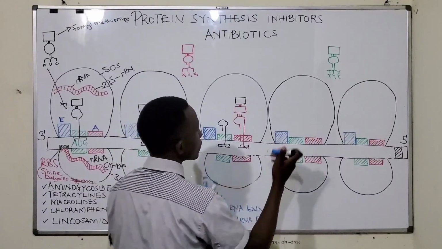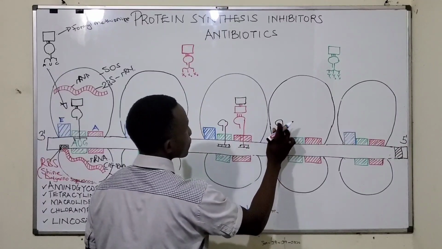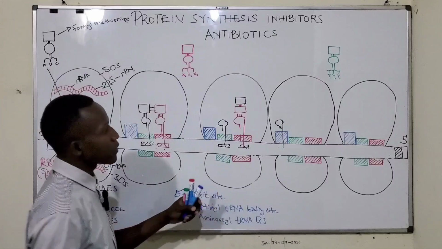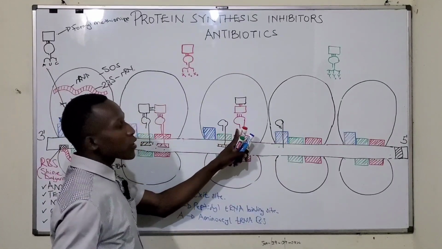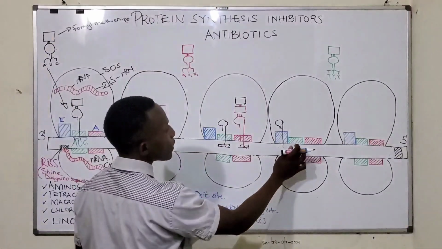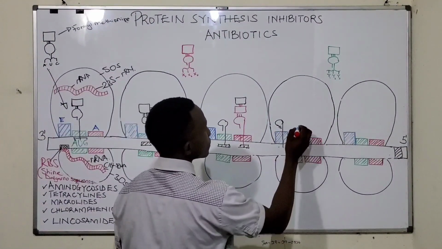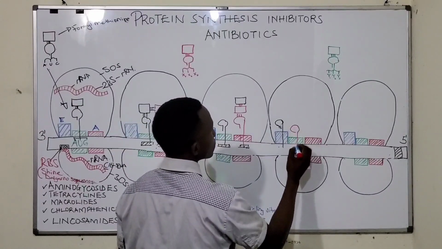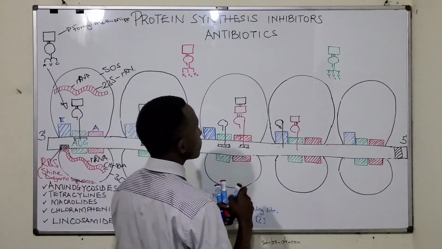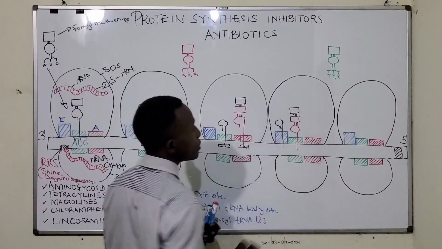This is the E site, also known as the exit site. Therefore, this transfer RNA having the growing polypeptide chain will be at the P site, with the first amino acid and again the second amino acid.